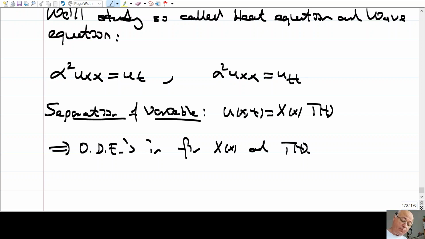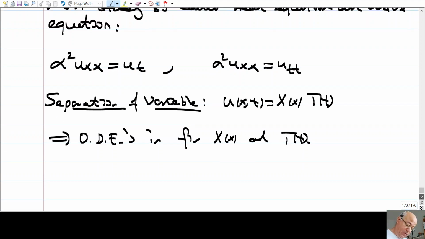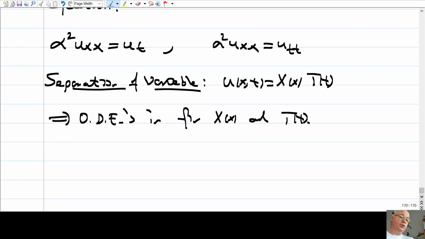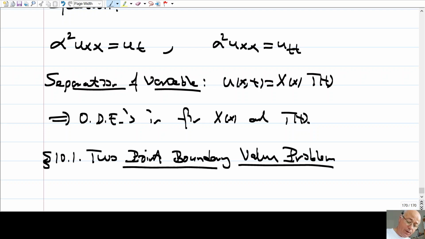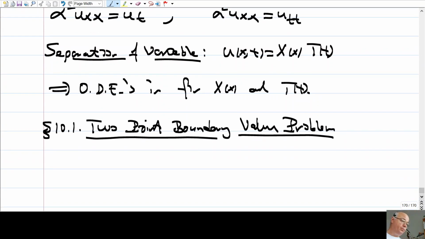But first, let us see what kind of problem we will obtain for X(x). That is the content of the first section, so-called 10.1 Two-point boundary value problem. Okay, so what's a two-point boundary value problem?